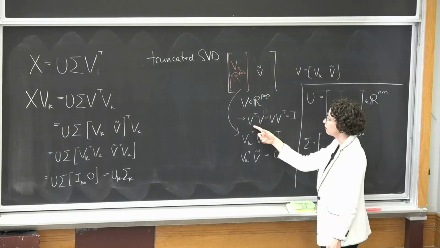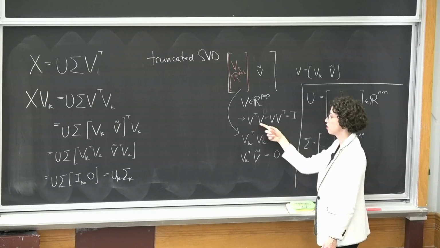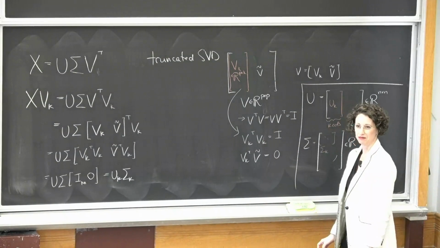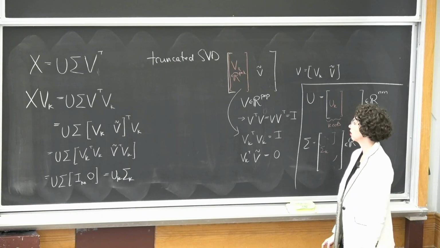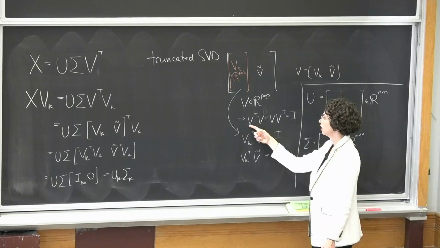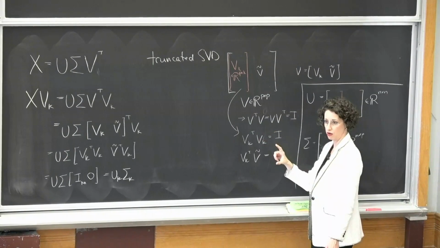So all of the columns are unit norm and orthogonal to one another.